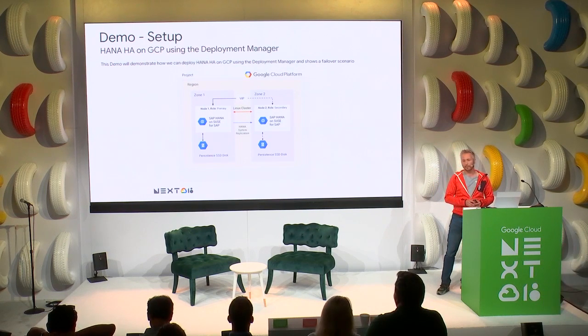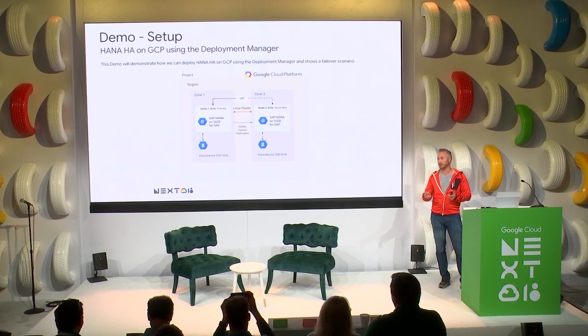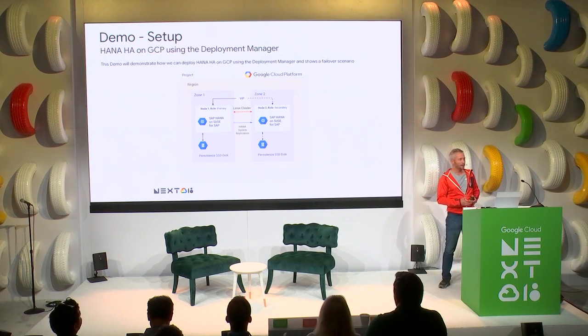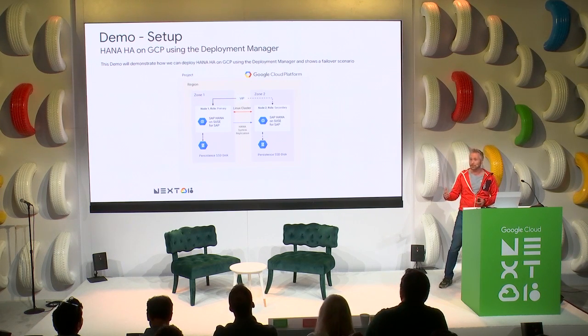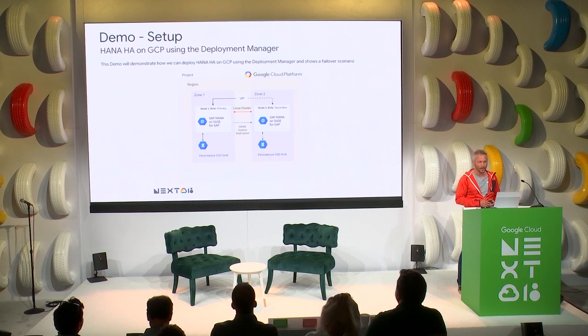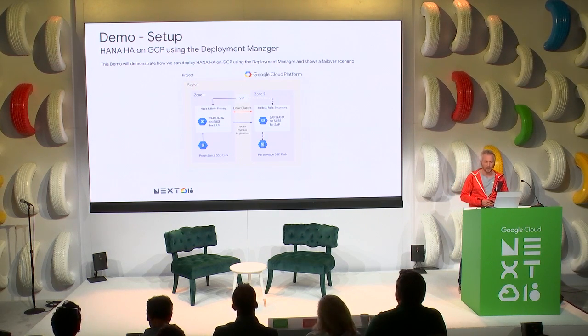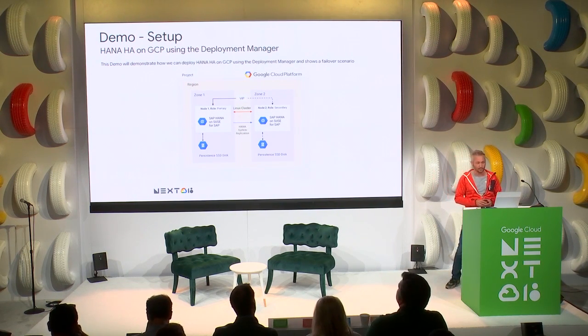This can be achieved via Deployment Manager, which is our infrastructure as code tool. We have provided Deployment Manager templates, which you can leverage to deploy a high availability setup in GCP. It uses Linux clustering and a virtual IP address to do the simple switchover, as well as HANA system replication.